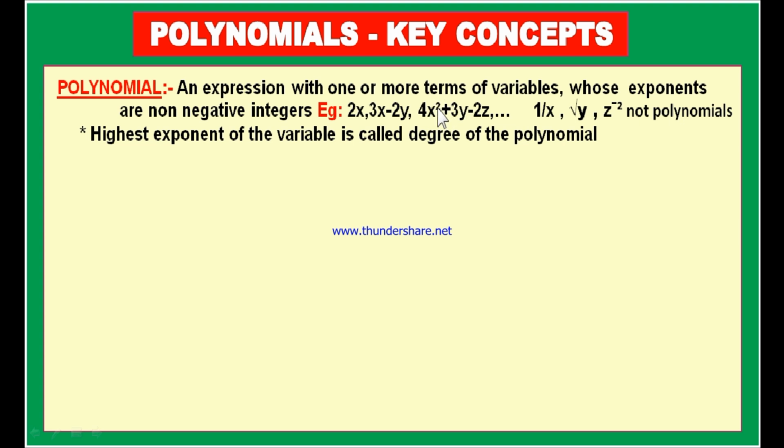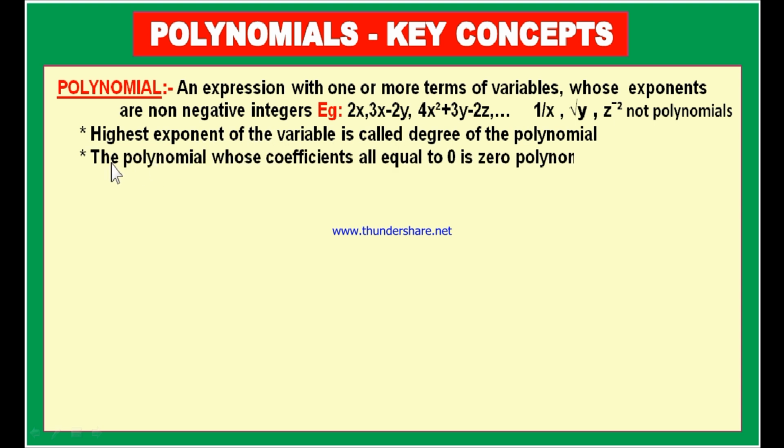The greatest value is 2. Therefore, the highest exponent of the variable in this polynomial is 2. Therefore, 2 is the degree of the polynomial. Understood? Very good. The highest exponent of the variable is called the degree of the polynomial.